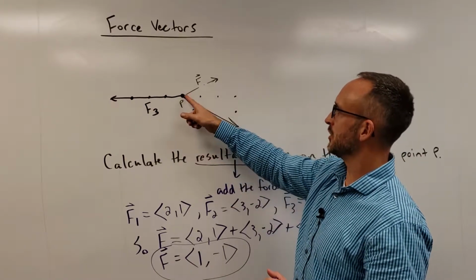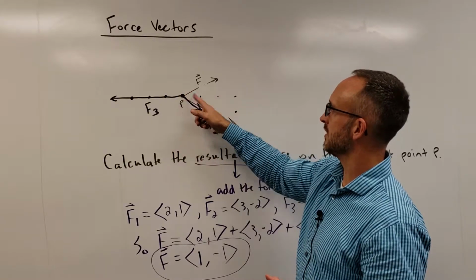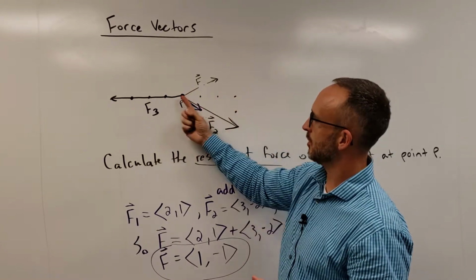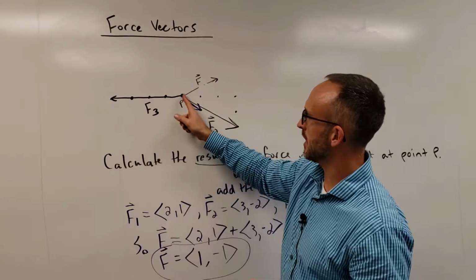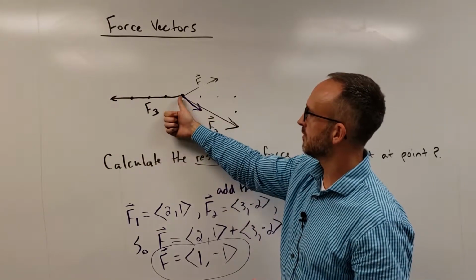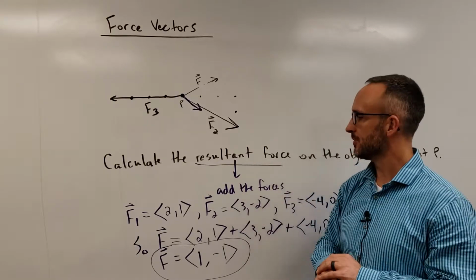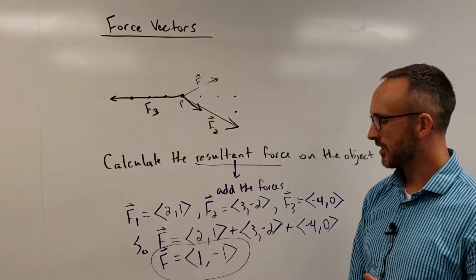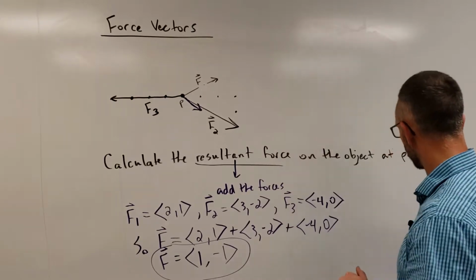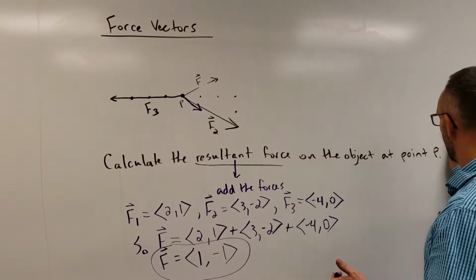So altogether you had a horizontal component of 2 and of 3, which is 5. So you're taking away 4 of those, leaving behind only one unit to the right when you're looking at the result of those forces. Okay? So that's how you calculate a resultant force. Let's look at another example.